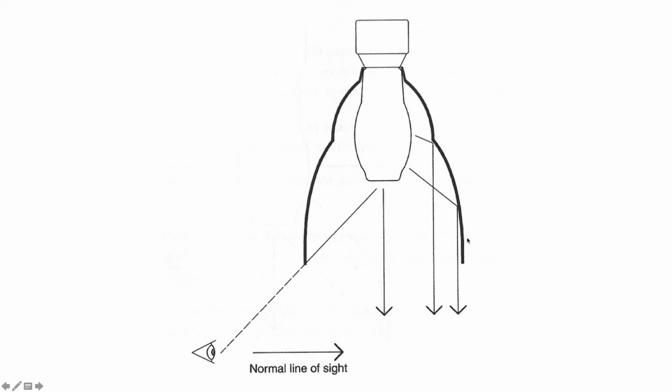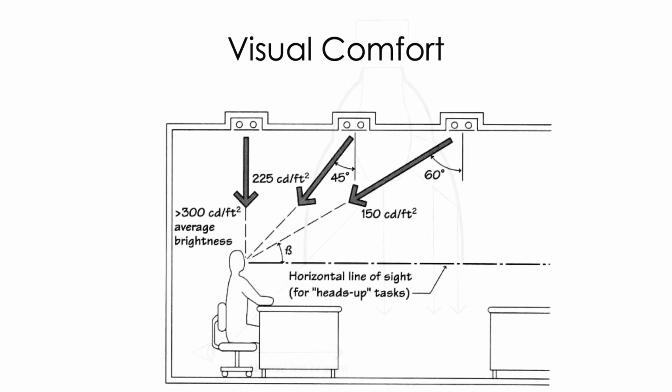If you look up into a fixture when it's not on, you'll see these aluminum reflectors that are shaped in such a manner that the parabola forces the light to reflect all in the down direction. So these parabolic downlights are great for getting very precise control of your light direction, and you'll find that you can get downlights in a number of different angles.